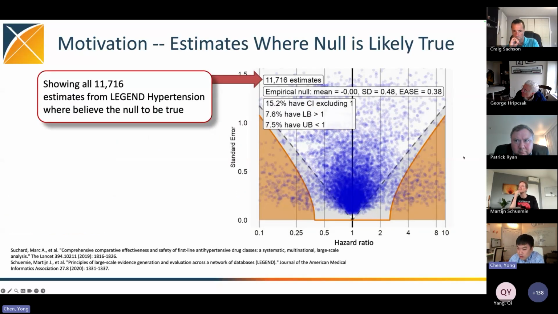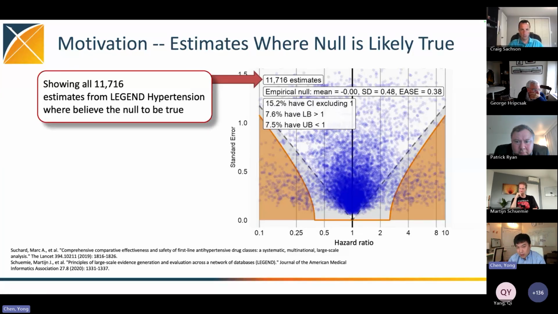So I'm going to refer back to some classical figures, and I think many of you have seen this before. This is a figure taken from papers published by the Odyssey researchers. Here we have a large number of causal estimates of the causal effect of some intervention on some outcomes, but we just lump them all together.